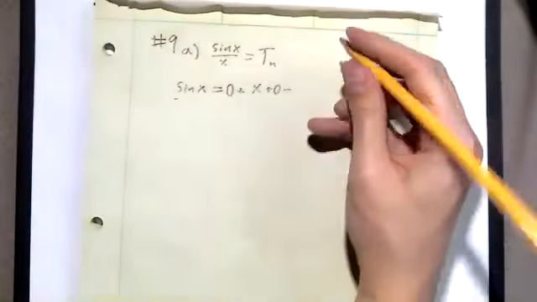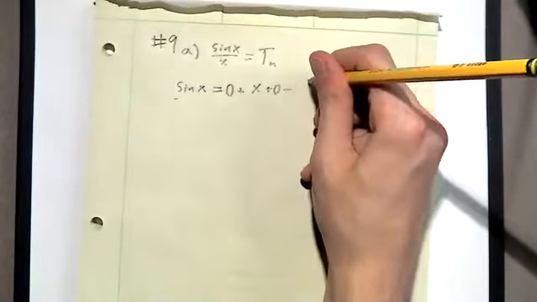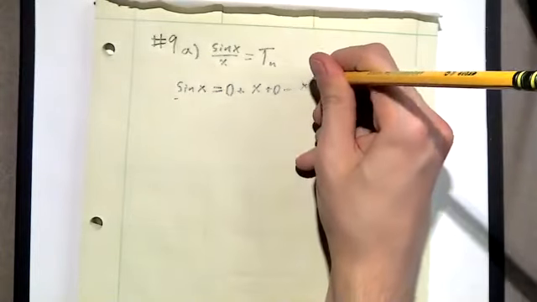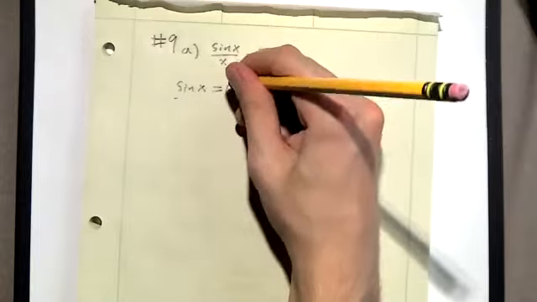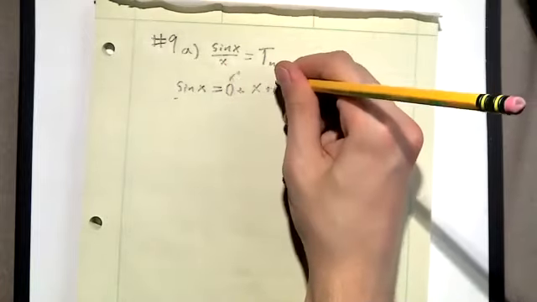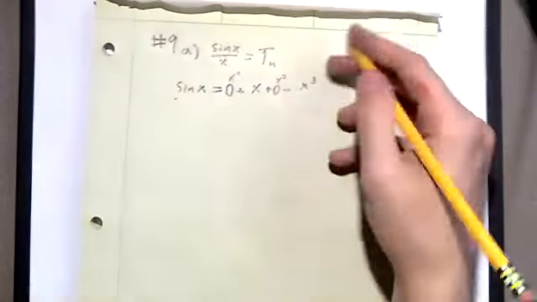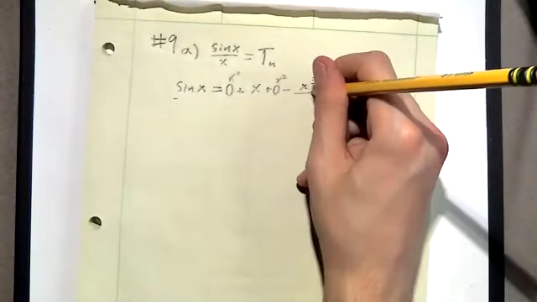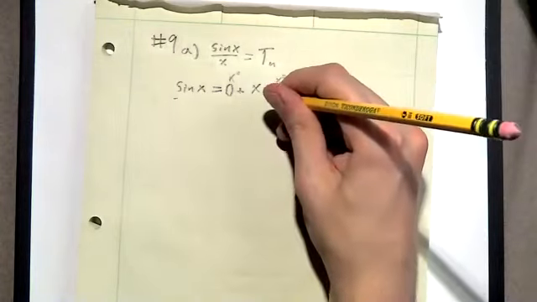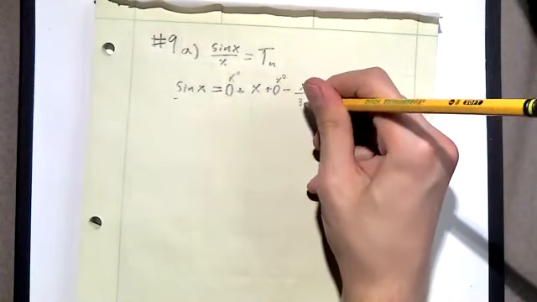And then we're at negative cosine. So we get negative 1 x cubed this time, because this is just x to the 0, x to the 1, x squared. So all of those are canceling because of the sine of 0. And then this would be over 2 factorial, this would be over 3 factorial.